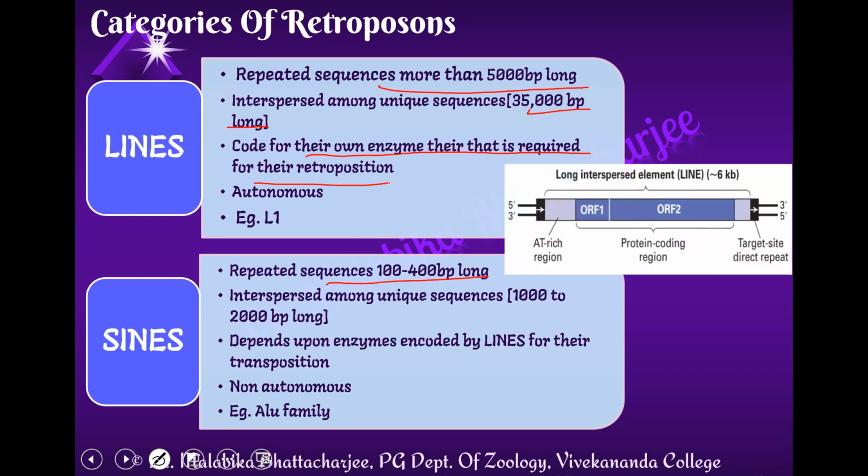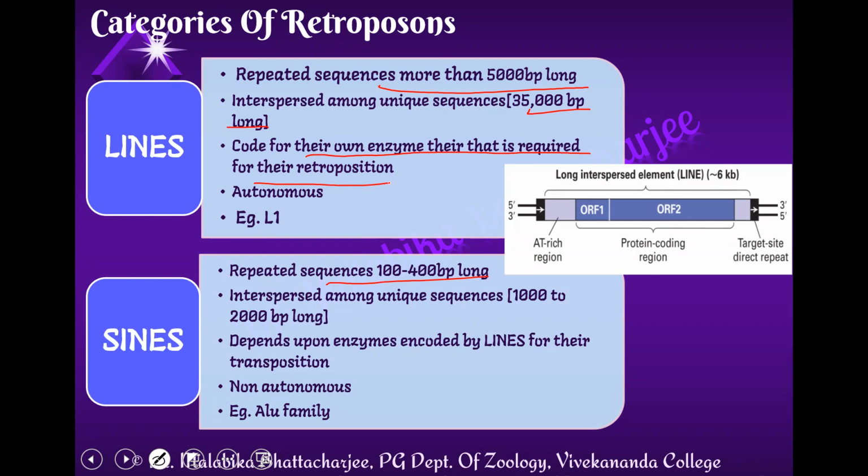So this is the structure of a LINE, as you can see. In this particular picture, the LINE has two open reading frames, and there is a 5' AT-rich region, and the black portions that have been shown are the target site duplication.